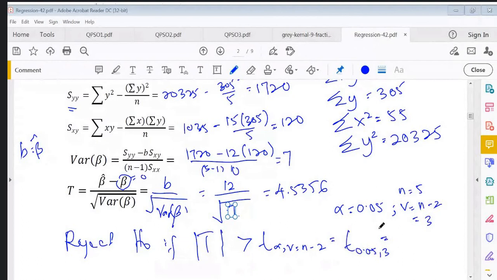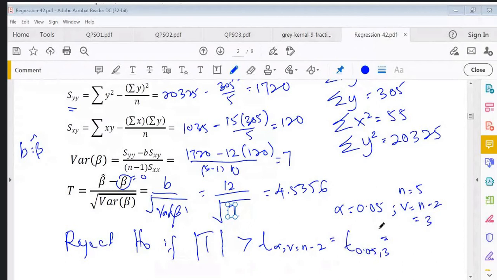Alpha doesn't need to be divided by 2. The alpha is 0.05, v is 3.